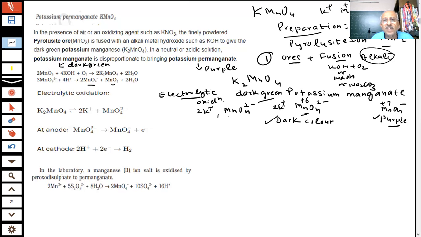Oxidation takes place at the anode. There will be H ions also in the solution. At the anode, MnO4 2 minus is oxidized to MnO4 minus. This electrolytic method has also been used.